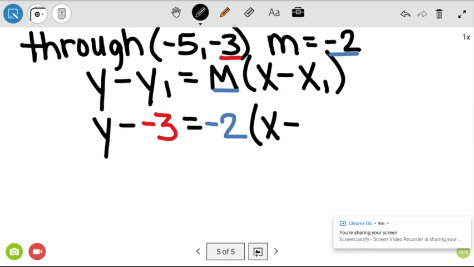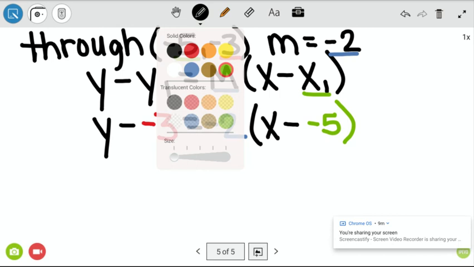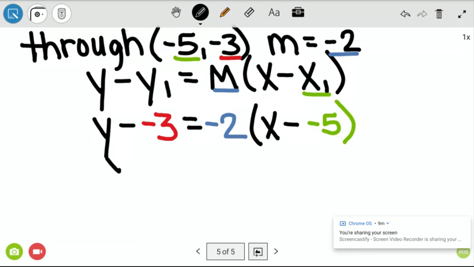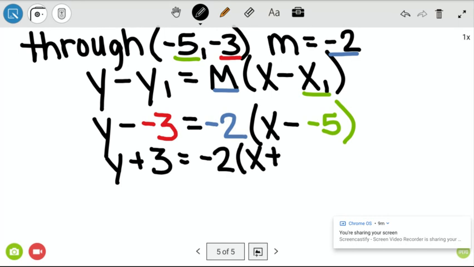x minus, the x coordinate is -5, so then we bring down minus -5. I do want you guys to know, if you have a double negative, that really means y plus 3 equals -2, now this is really x plus 5. So in point slope form, when you are subtracting a negative coordinate, you can change that to a positive.